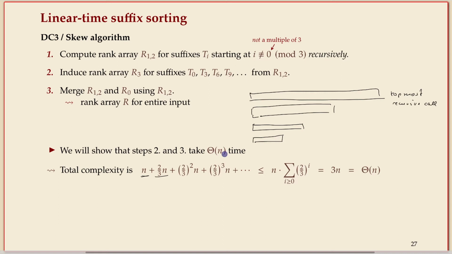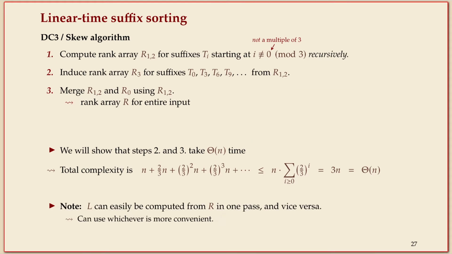Okay, so what we still have to do is look at these two steps. How can we do those in linear time? One point that I glossed over here is we compute R, the rank array. At the end, at least, we want L, the suffix array.